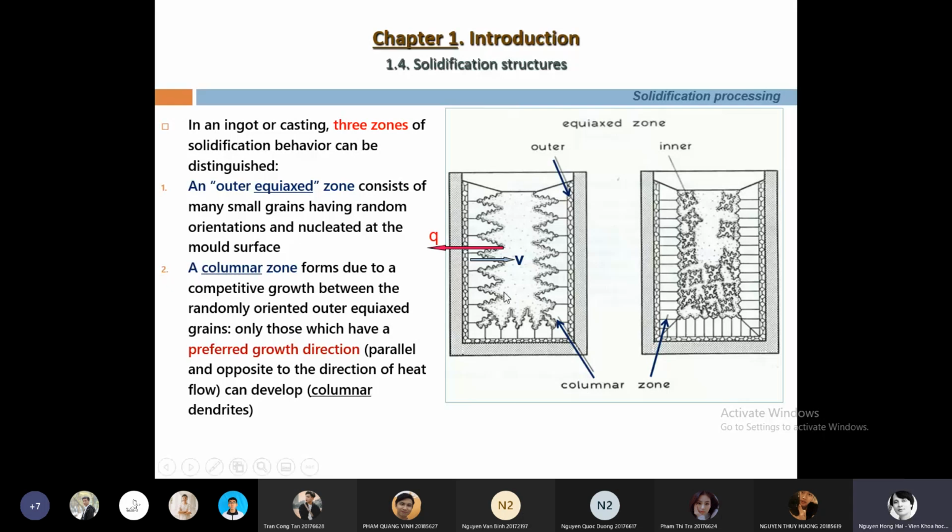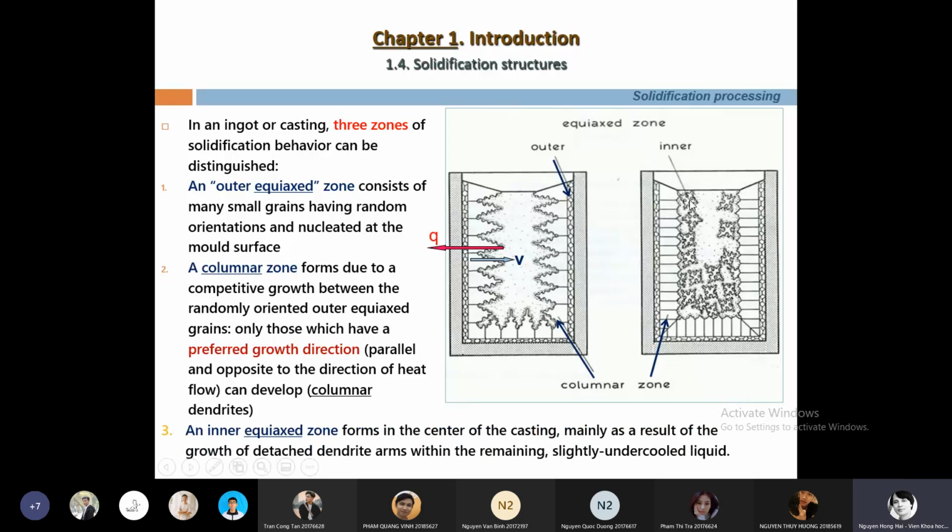And finally, we have the outer equiaxed zone and the inner equiaxed zone in the center of the casting.